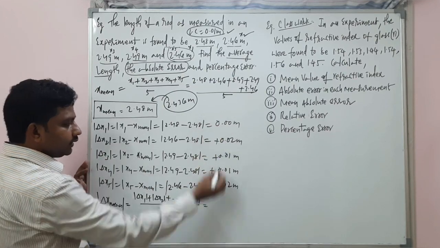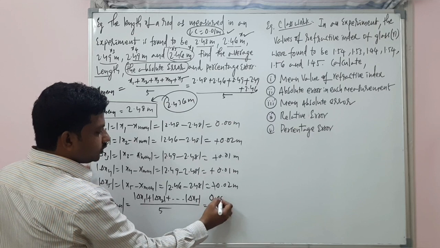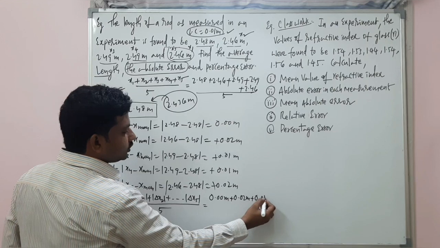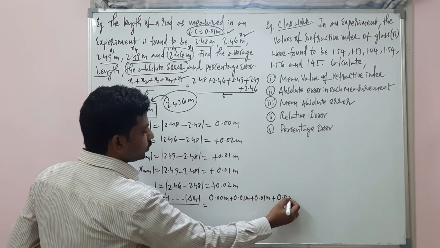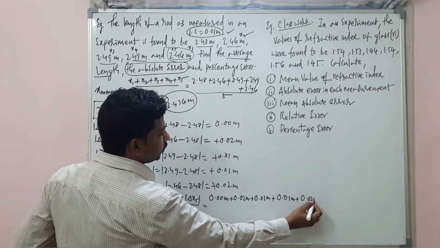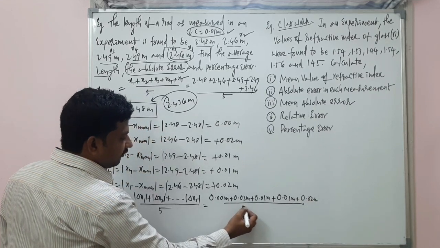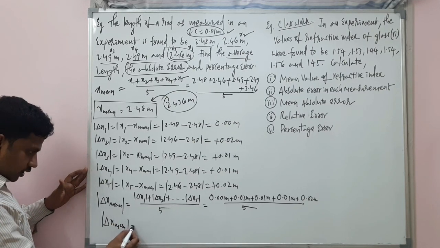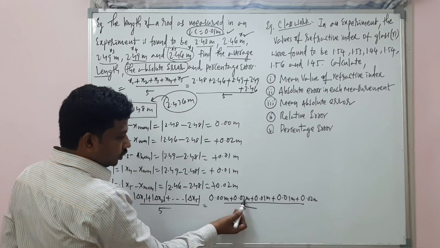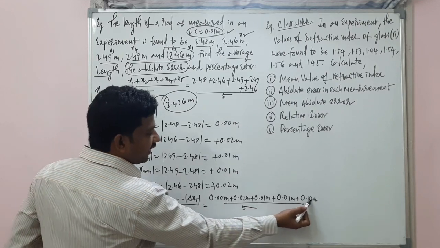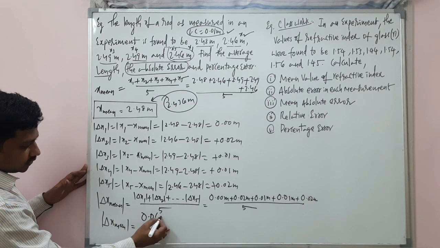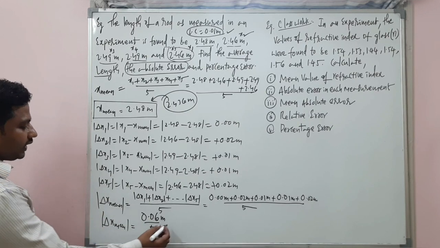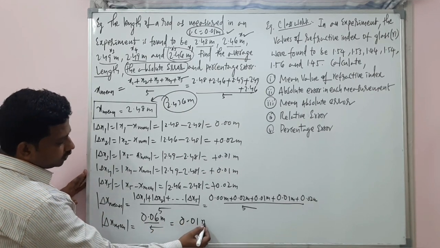What is that? 0.00 meters plus 0.02 meters plus 0.01 meter plus 0.01 meter plus 0.02 meter, divided by 5, right? So your delta x mean value will be equal to 0.06 meters divided by 5. Right? So when you solve this, you get an answer very close to 0.01 meter.